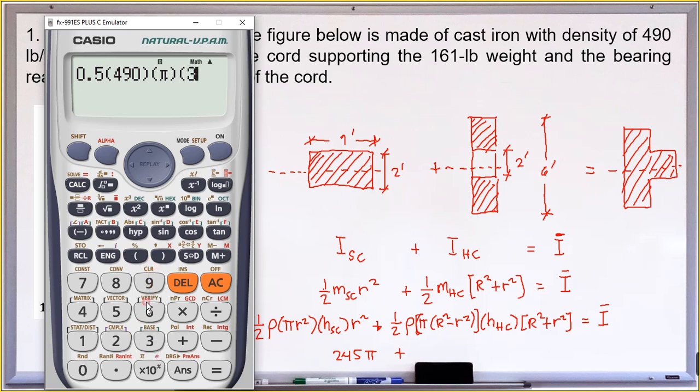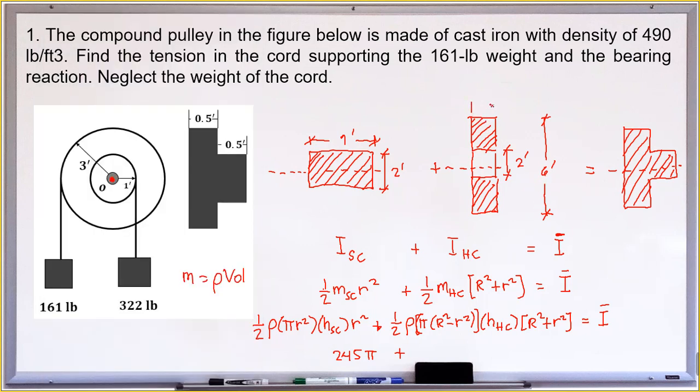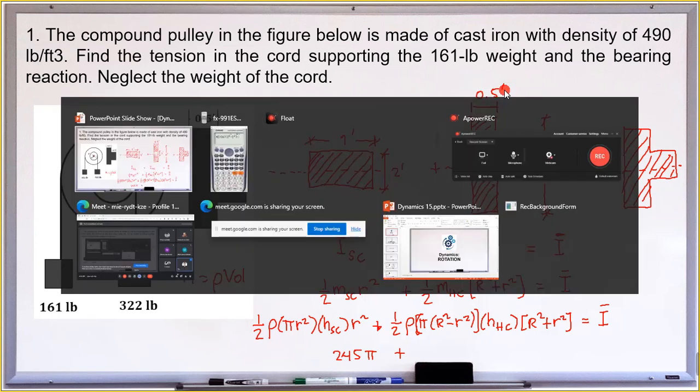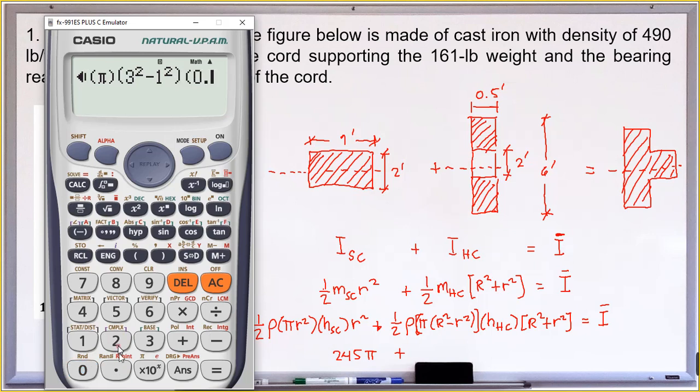The larger radius is 3 squared minus the smaller, 1 squared. Then the height of this hollow cylinder, I forgot to put it here, is 0.5 feet. So put here 0.5, and then R squared plus r squared. So we have, sorry, I forgot the parenthesis, 3 squared plus 1 squared. So we have 9,800 pi.